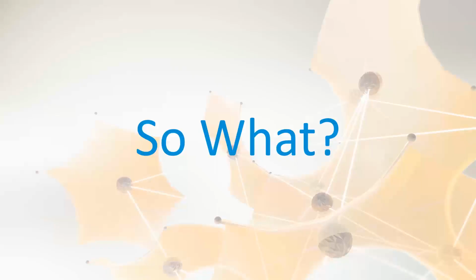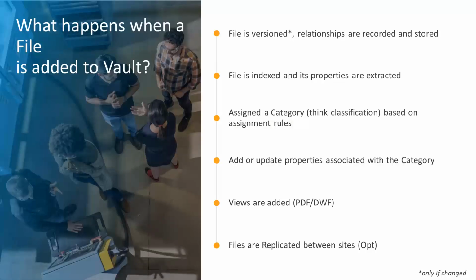So what does it do? Allow me to explain the necessity of PDM like Vault. Upon a file check-in, a number of things happen. The file, if changed, is versioned. This is key. We don't version just for the sake of versioning.